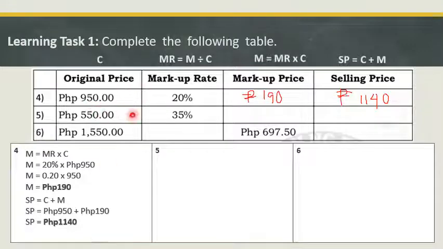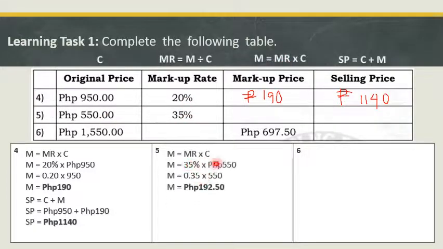Then next, for number 5, ganun lang din. Sa markup natin, multiply lang ang MR sa cost. So, 35% times 550 pesos. I-convert natin sa decimal, magiging 0.35 times 550. Ang makukuha natin is 192 and 50 centavos.